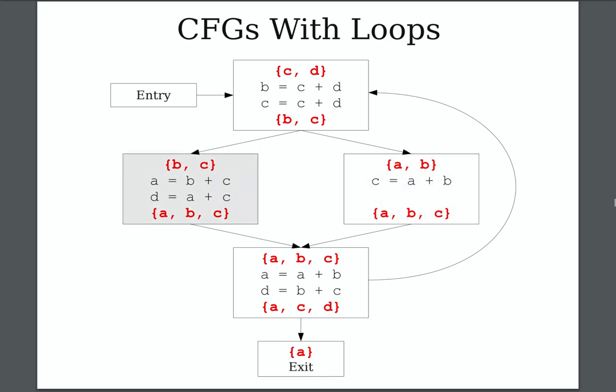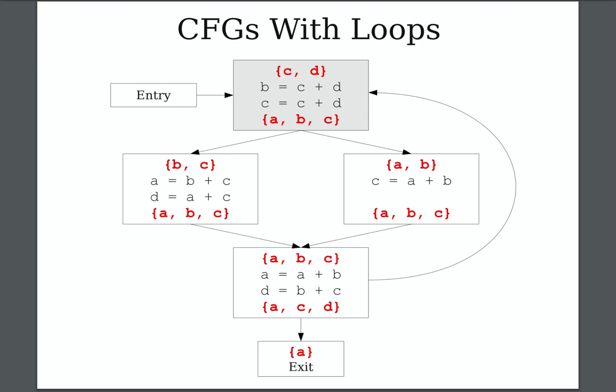So now that doesn't change the facts about live variables within these two blocks. But similarly, if we recompute the live variables for this basic block, we have the same situation. There are two possible successors with differing sets of live variables, so we union them to approximate what will happen in all possible paths from this program point.